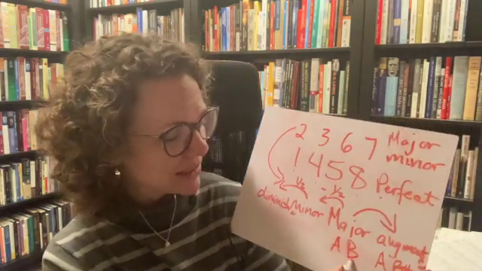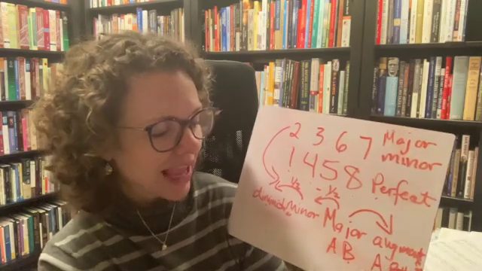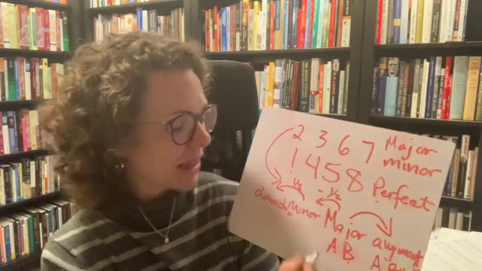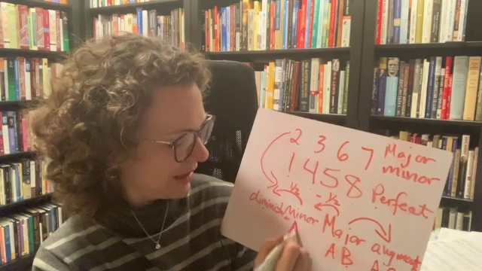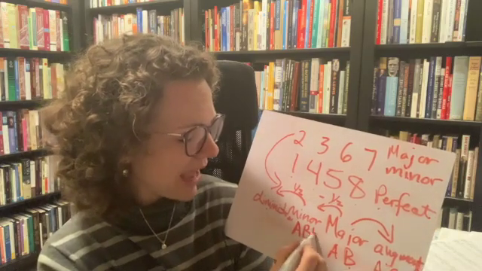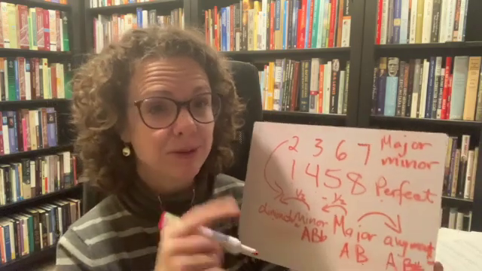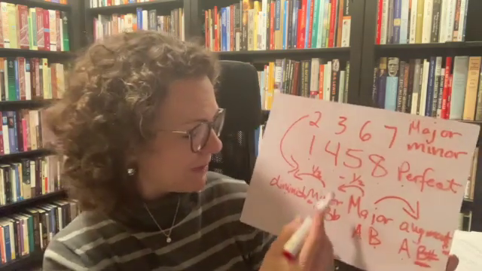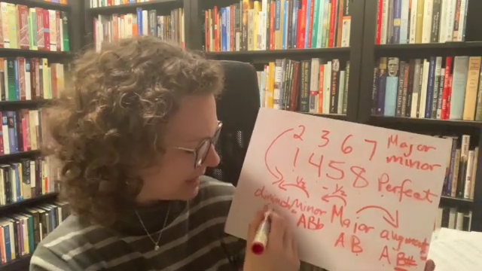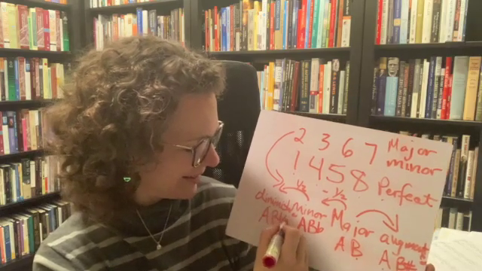So A to B is major, augmented A to B sharp. How do I make it minor? A to B flat. That's a minor second. Okay, this is the weird one, guys. To make it diminished, I have A to B double flat.